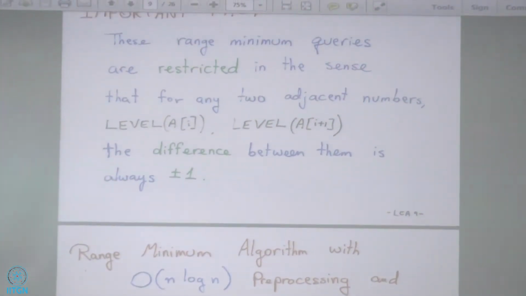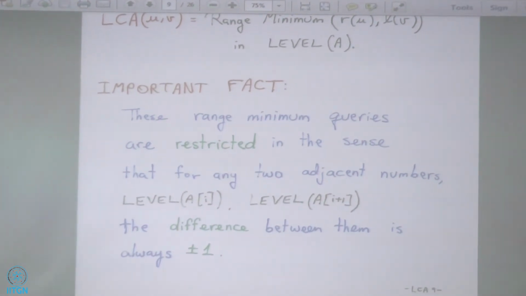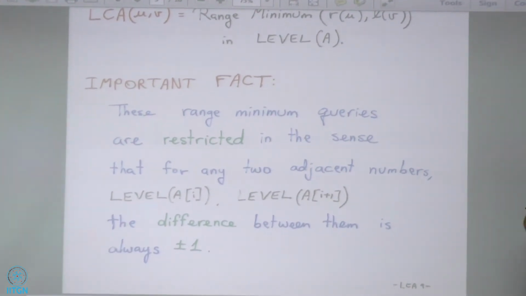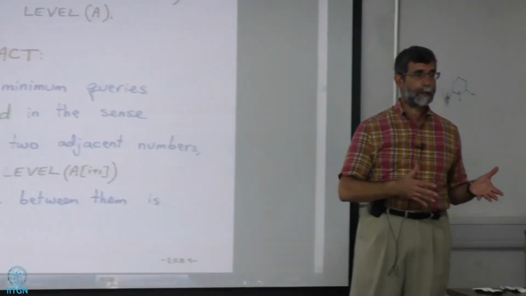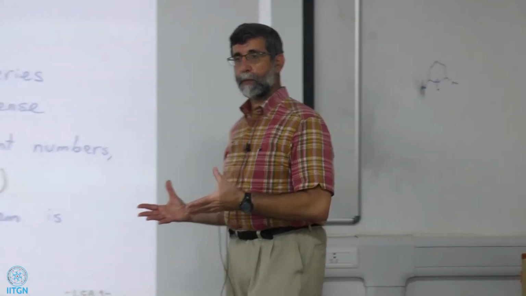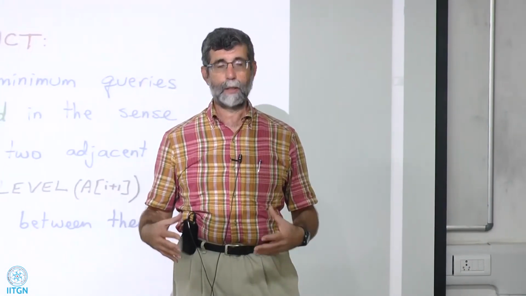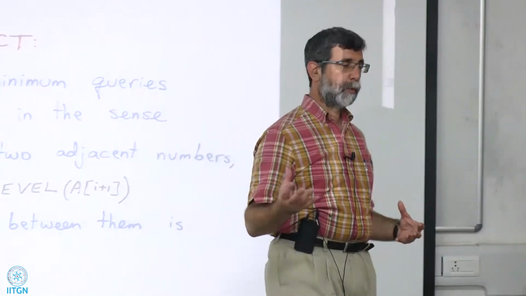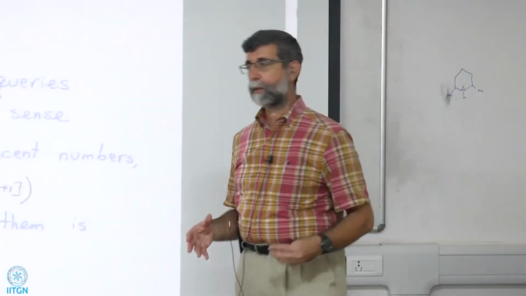So where we are is the following. What we've managed to prove is twofold. One, we defined the range minimum problem. We saw that if we know how to do LCAs, we can take the range minimum, look at the Cartesian tree, do LCAs on that, and we can therefore, with preprocessing time, answer range minimum queries in constant time.